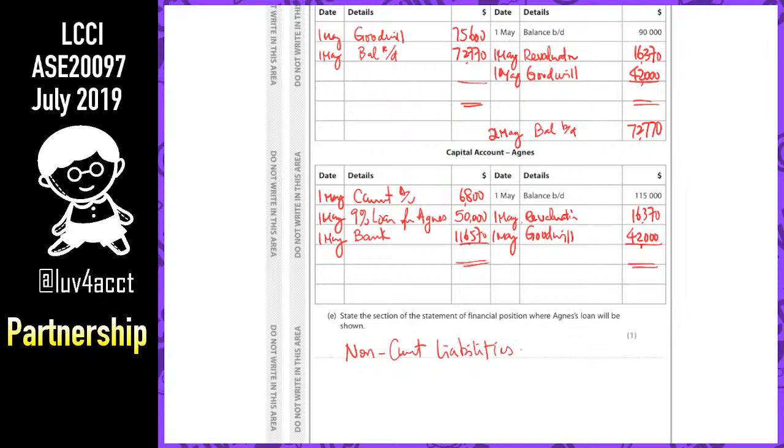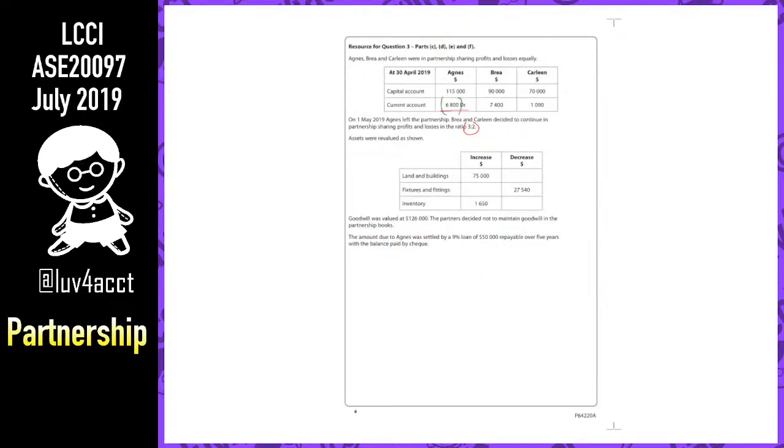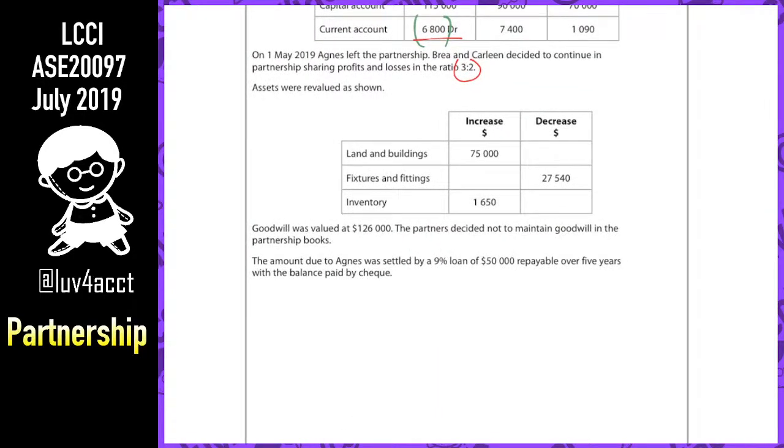Let us look at one more thing here. This loan is payable over 5 years. That means most probably by installments. But if you are not told how the first installment is to be paid, you assume that at least it is 1 year from now.